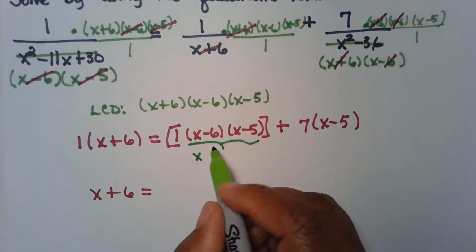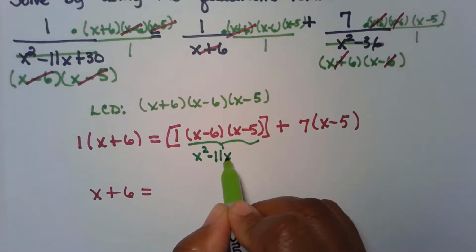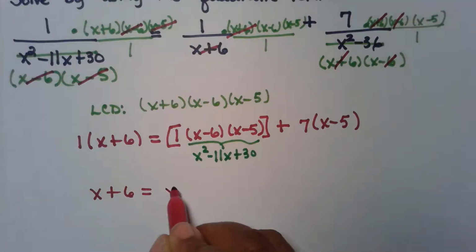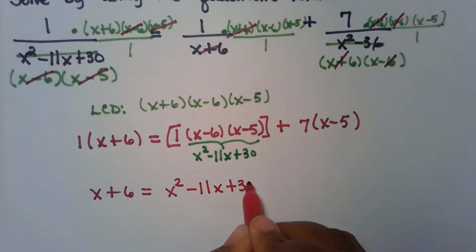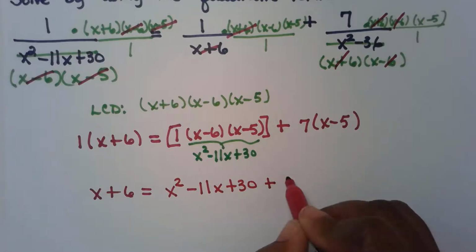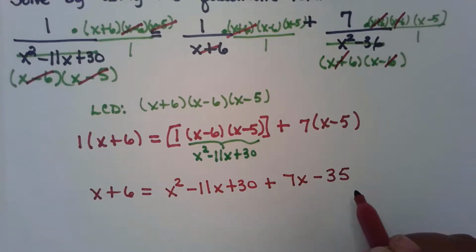Excuse me, plus 30. I said 36, but plus 30. And when we distribute the 1 to this trinomial, you're going to have x squared minus 11x plus 30. And then the last half, let's distribute the 7. We have 7x minus 35.